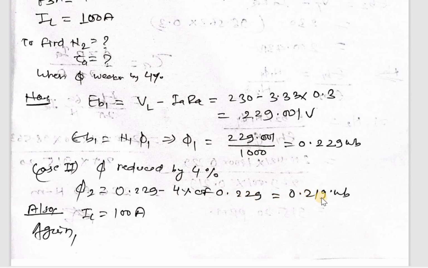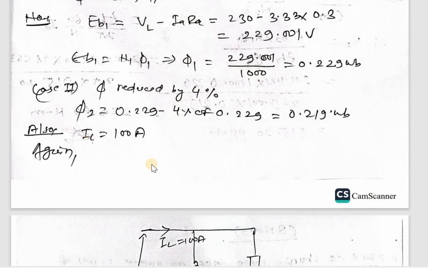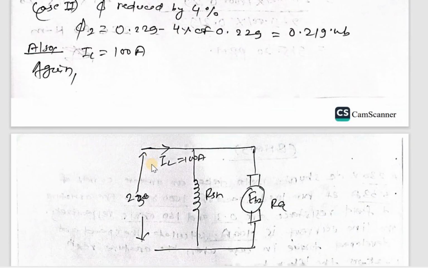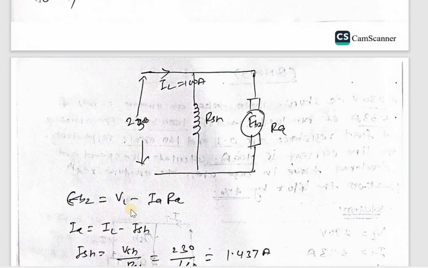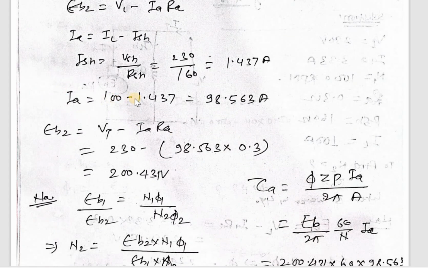And also IL equal to 100 ampere already given in the question. So EB2 equal to VL minus IA RA, IA equal to IL minus ISH. ISH is equal to VSH upon RSH. So VSH is already given, 230 upon 160, that is 1.437 ampere, and IA equal to 100 minus 1.437 is 98.563 ampere.